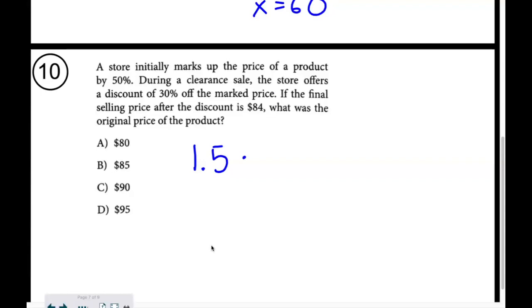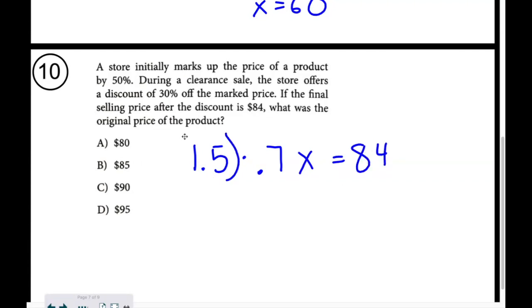So 30% off is keeping 70% of it, so we are now multiplying by 0.7. And they want the original price. So all that's multiplied by X, and that's going to equal the final selling price of $84.